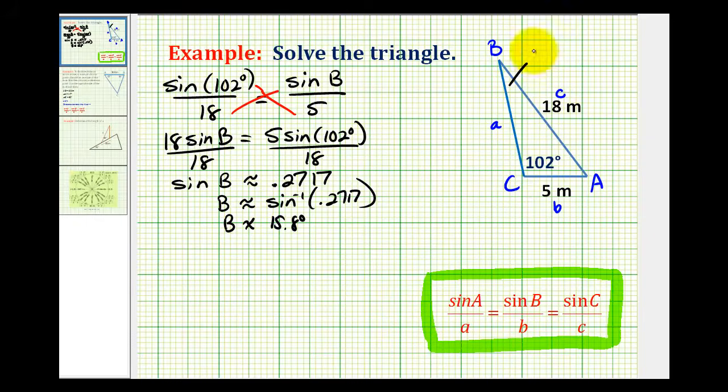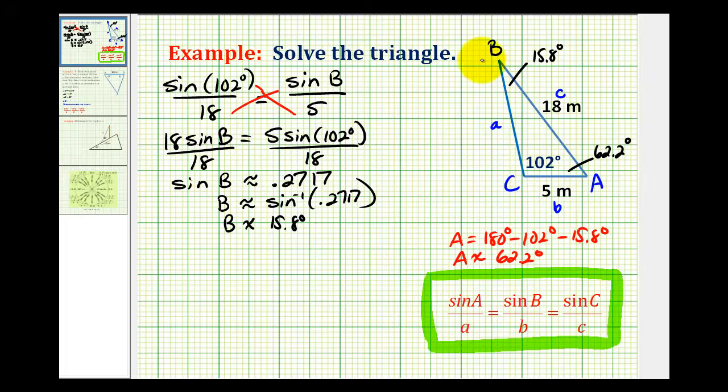So if angle B is approximately 15.8 degrees, and we know the sum of the interior angles must be 180 degrees, we can now determine the measure of angle A by taking 180 degrees, subtracting 102 degrees, and then subtracting 15.8 degrees. And that's going to give us 62.2 degrees for the measure of angle A.